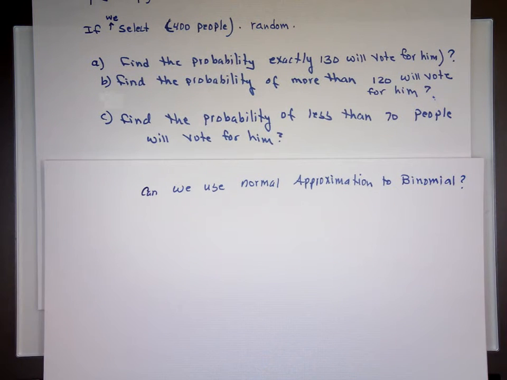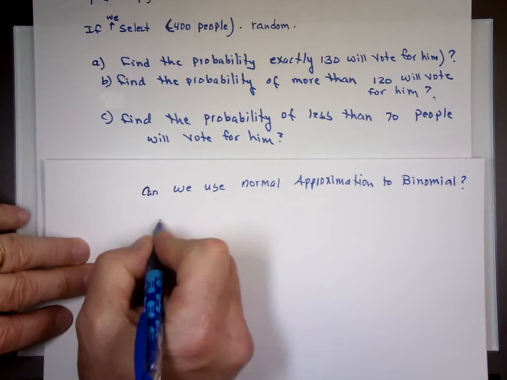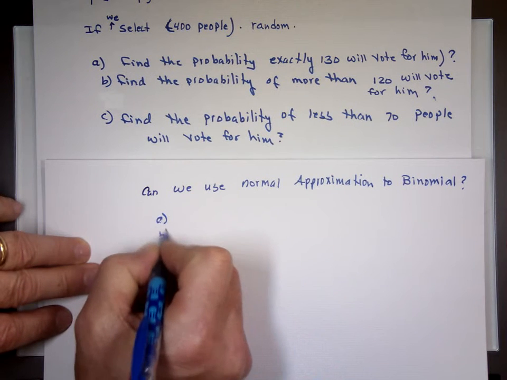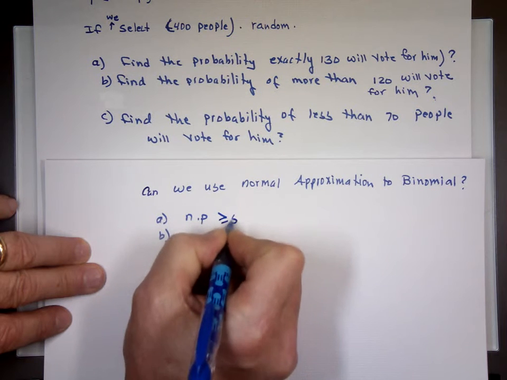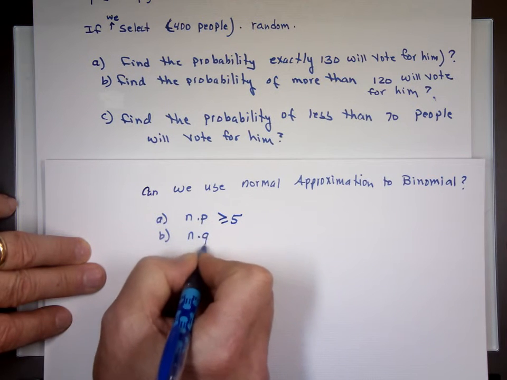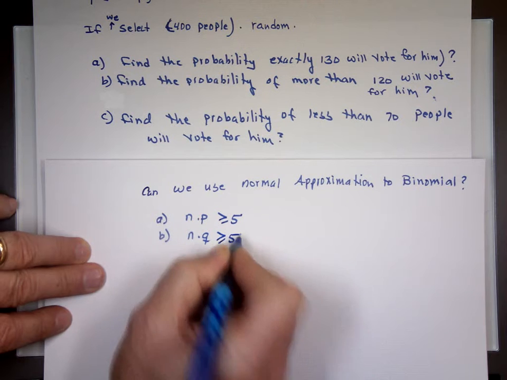To answer that question, you need to satisfy two conditions: N times P has to be greater than or equal to 5, and N times Q has to be greater than or equal to 5.